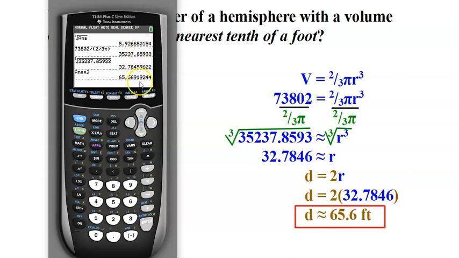Do not round in the intermediate steps unless you absolutely have to. Try very hard not to do that. And if you do have to round it off for whatever reason, round it off to like 5 decimal places. Go at least 2 decimal places past what the question asks for. So if it says tenths, go to at least the thousandths. If it says hundredths, go to at least the ten-thousandths.